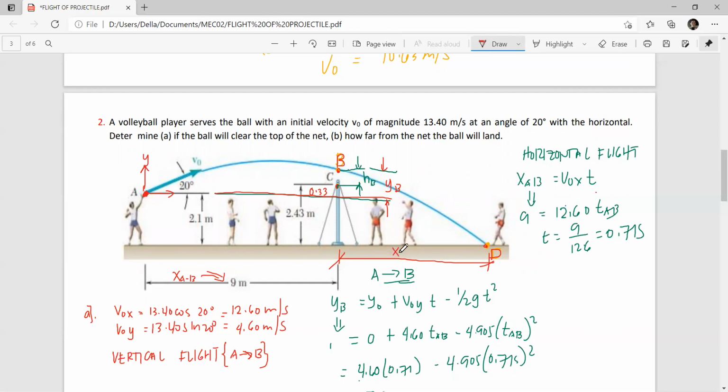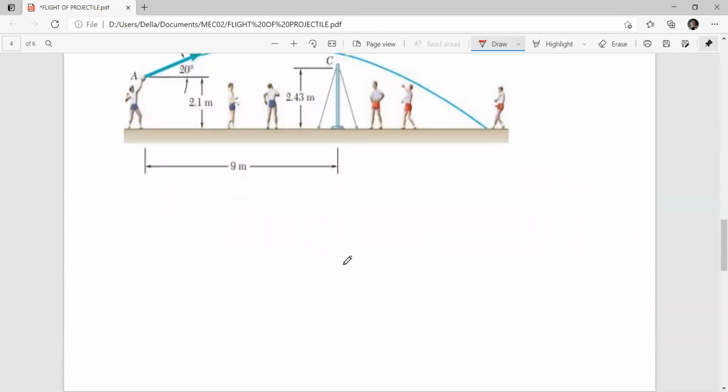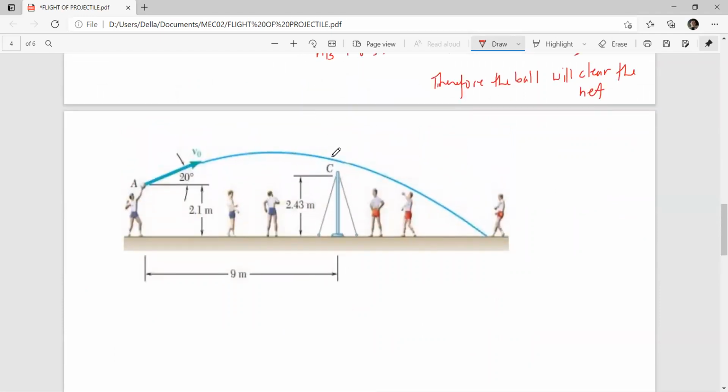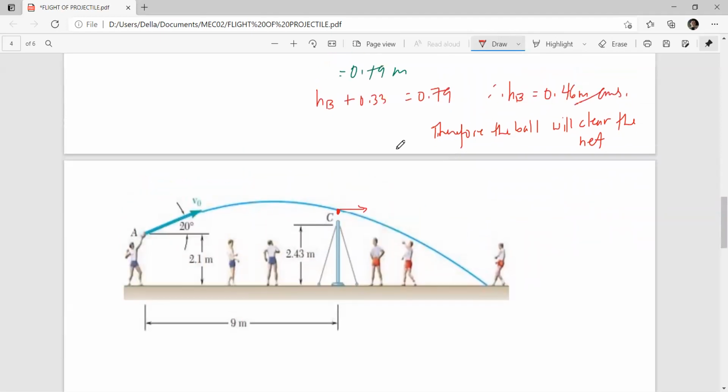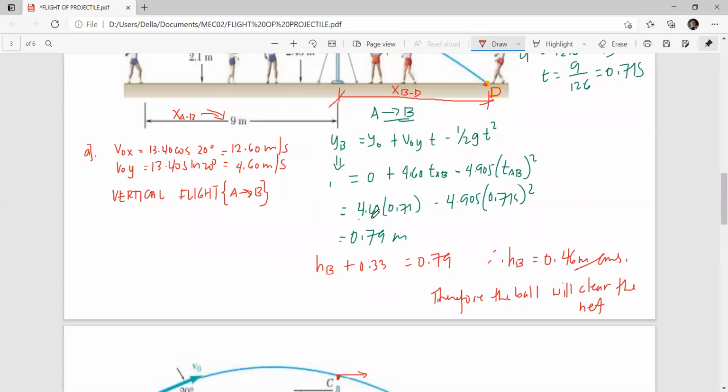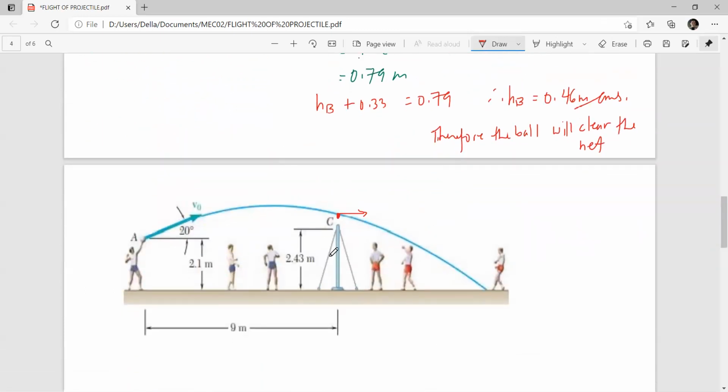So let us say this is from B to D, letter D. Okay, you can consider this point, the horizontal component of velocity along the x-axis is 12.60 meter per second, and at point D, this is also 12.60 meter per second. Okay.